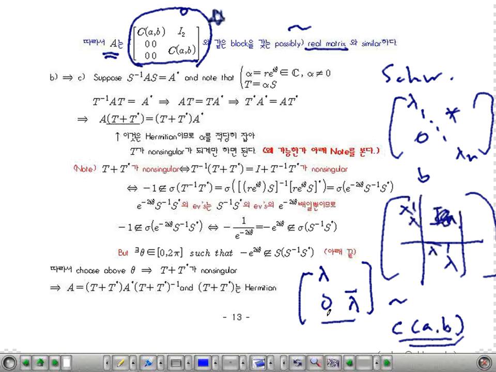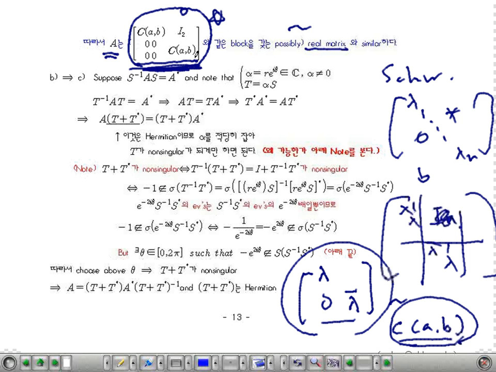So in any case, this matrix A is similar to a real matrix like this, and the block matrix with this type of blocks, which is a real matrix.